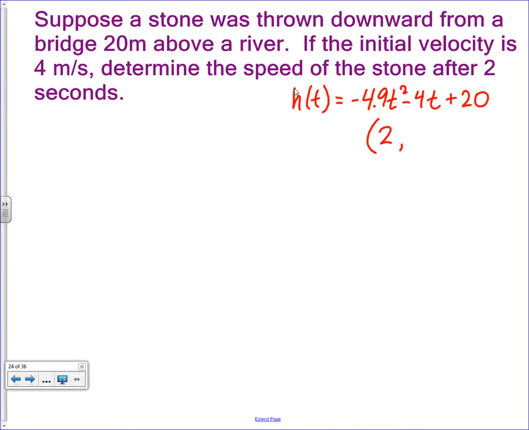What do you got? Negative 27.2? Not negative 27.2.